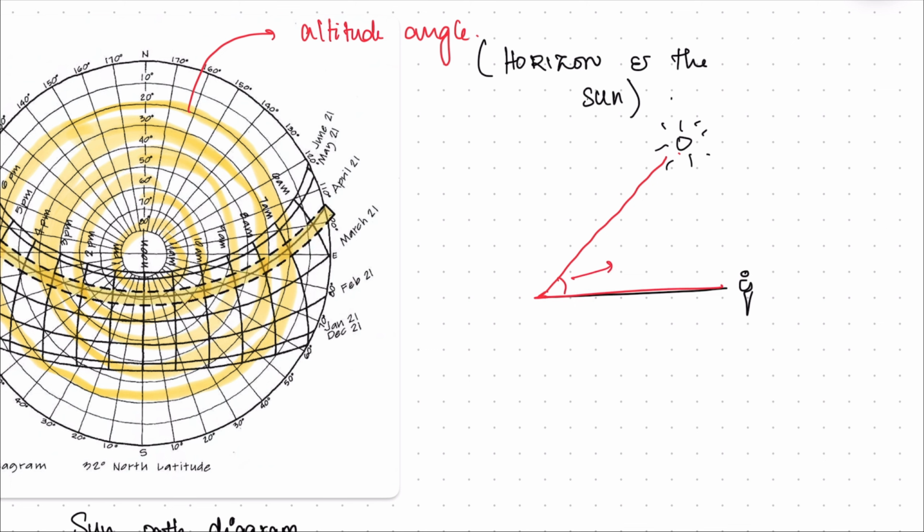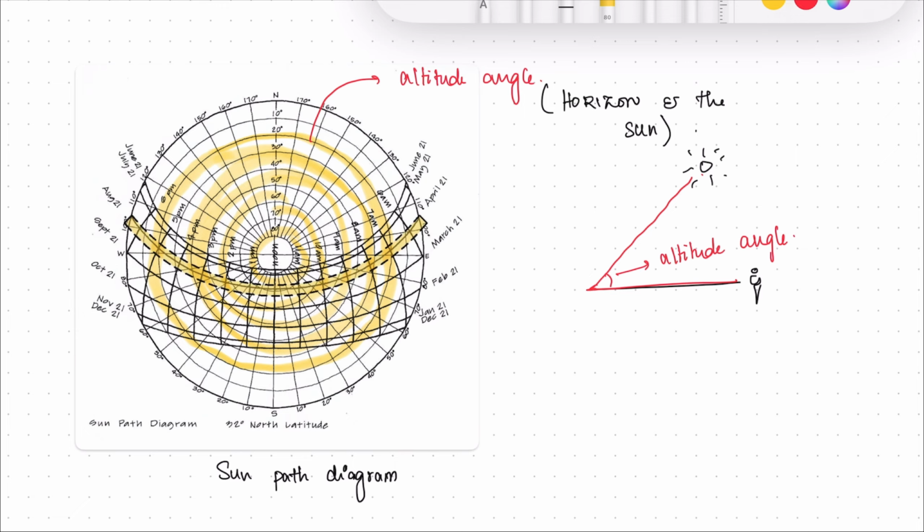Okay, this is your altitude angle. Altitude angles are basically the concentric circles.